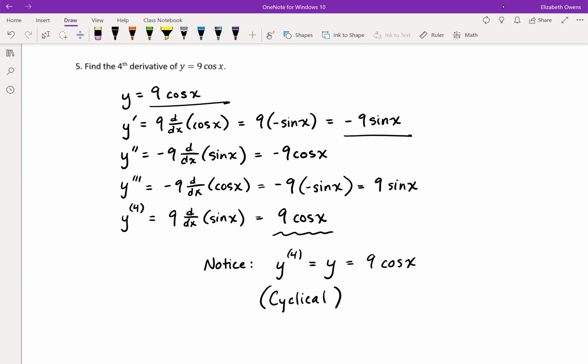So that's kind of a nice thing to know about the sine and cosine derivatives. Even if you don't end up using it too often, it's a nice property because of the nature of the sine and cosine derivatives.